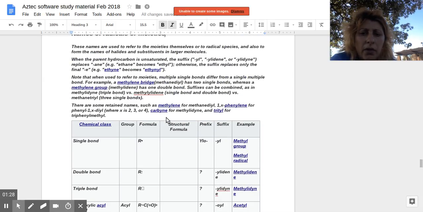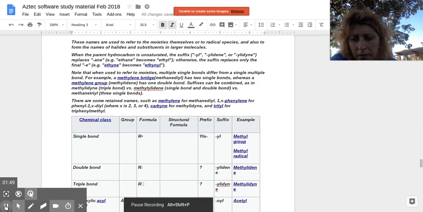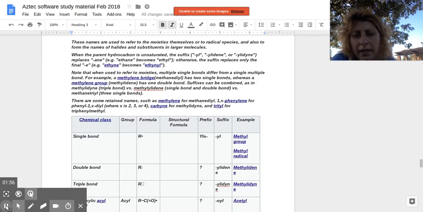So names are used referring to moieties, or radical species, to form names of substituents in larger molecules, and halides, which contain chlorine, fluorine, bromide, iodine.